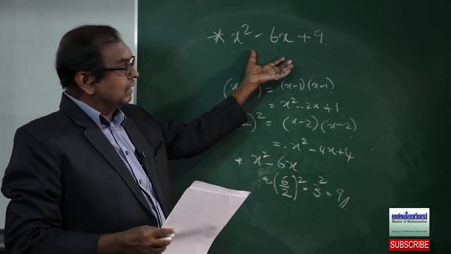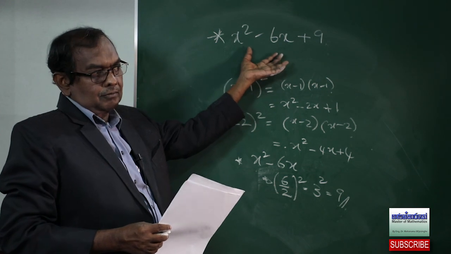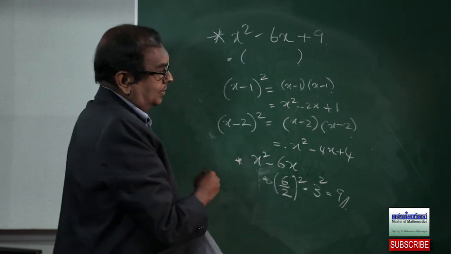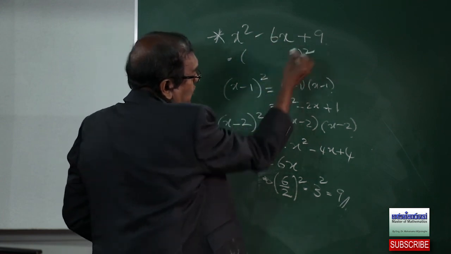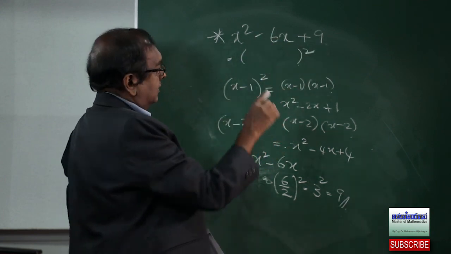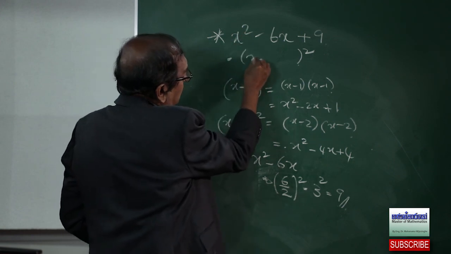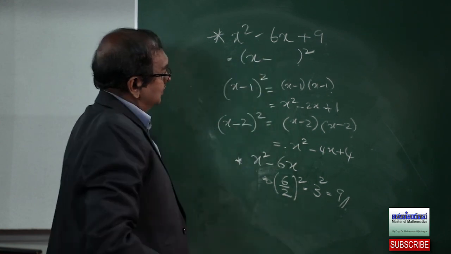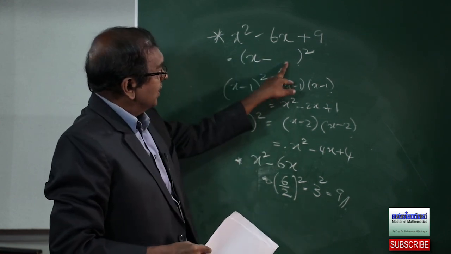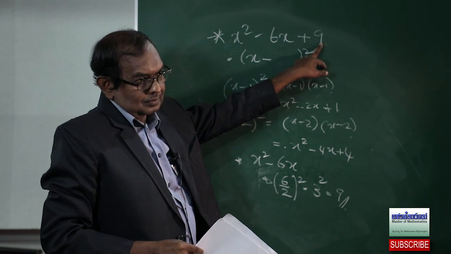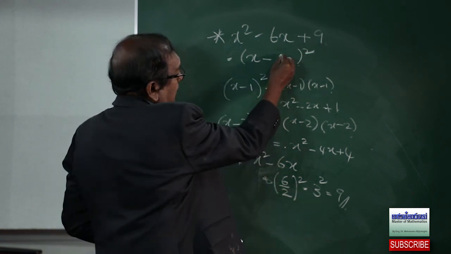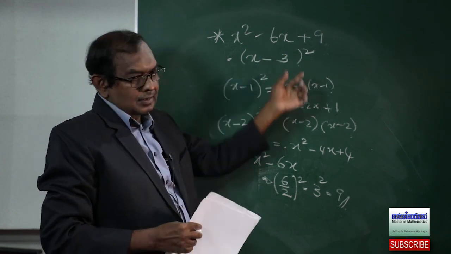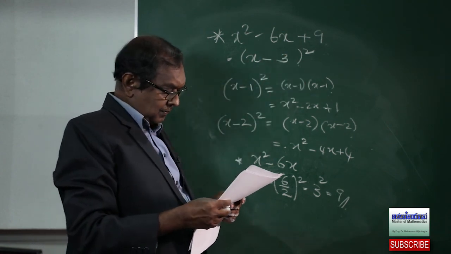Then how do we get the perfect square? With this expression, we can directly write like this. This is equal to the perfect square. How do you get that? This is x squared, this should be x. The middle sign is minus. This value is the square root of 9. What is the square root of 9? 3. Then x minus 3 squared. This is the question.